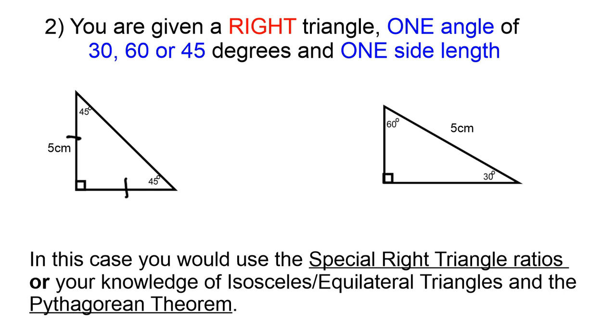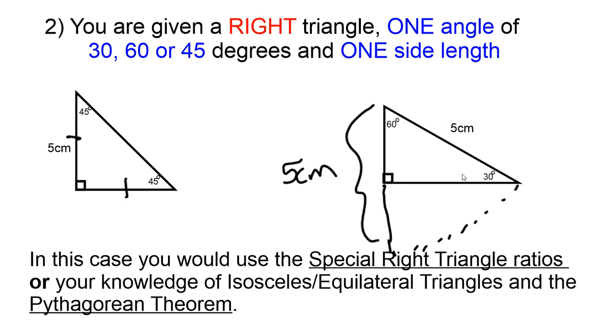Or you know that over here, this triangle is half of an equilateral triangle. So if you wanted to, you notice the 60-degree angle, you could continue to draw the other part of the equilateral triangle. Therefore, you know this whole side is 5 centimeters.